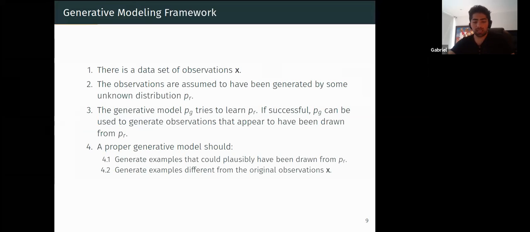Inside this framework, we have some data and we want to learn its distribution to study not only its properties, but we also want to generate samples from it. This is the basic generative modeling framework.